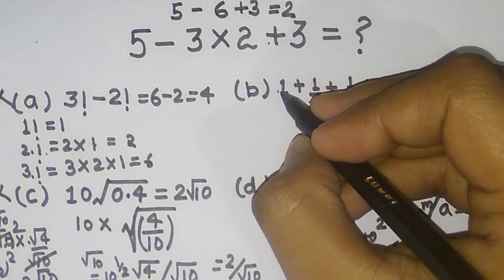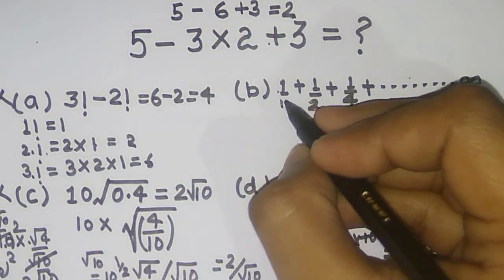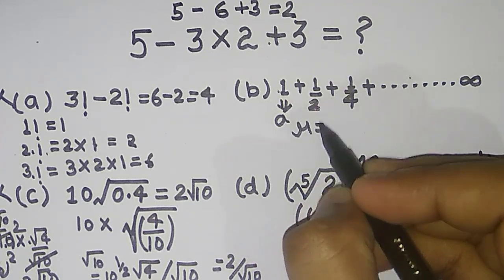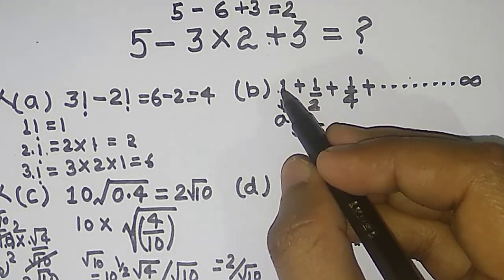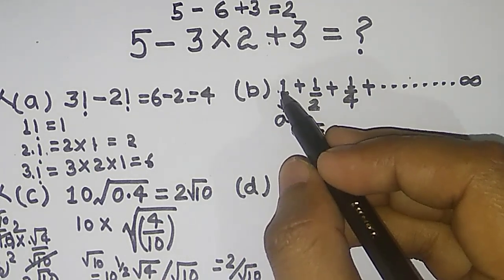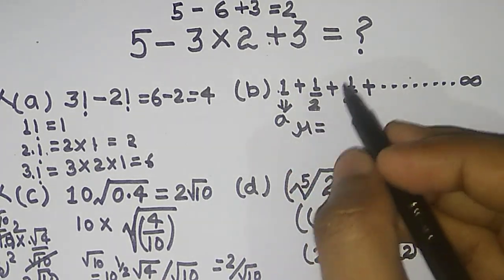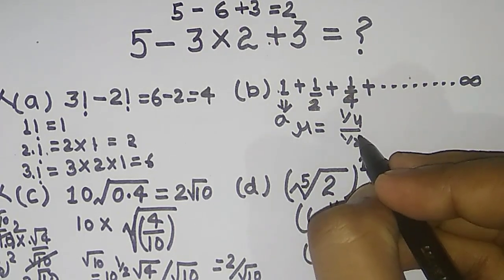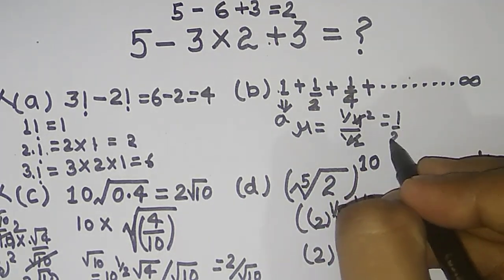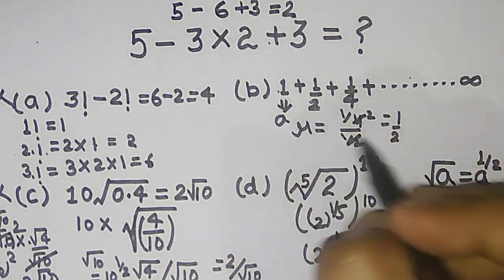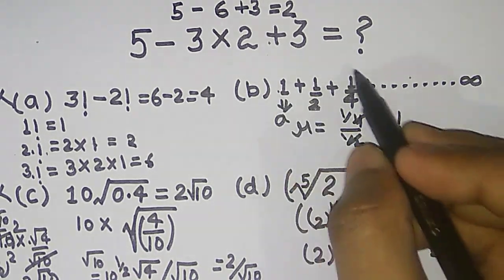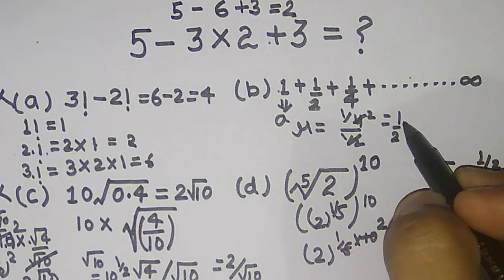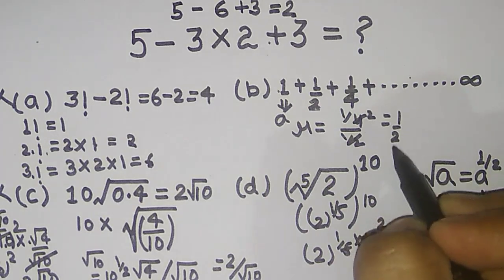If A is the first term of the series, that is here 1, and R is the common ratio: if we divide the second term by the first term, 1 by 2 divided by 1, that will be 1 by 2. And 1 by 4 divided by 1 by 2 is also equal to 1 by 2. It means the ratio is common. If we divide the second term by the first, the third by the second, the fourth by the third, it will be equal to 1 by 2 only. So this is called the common ratio.